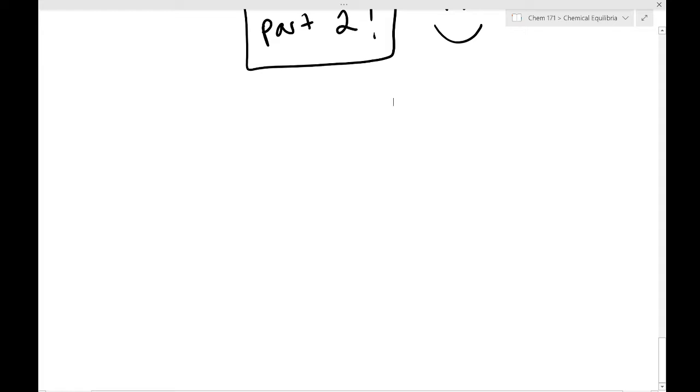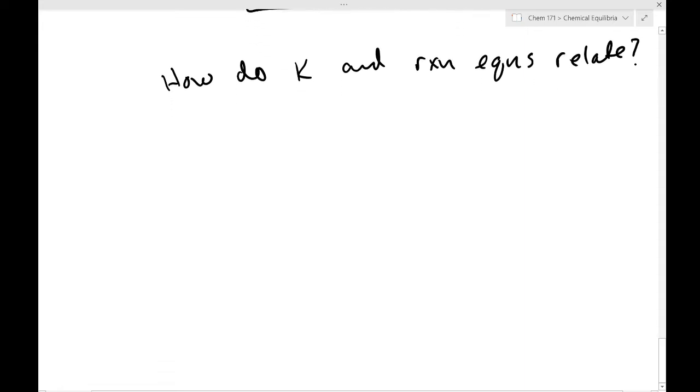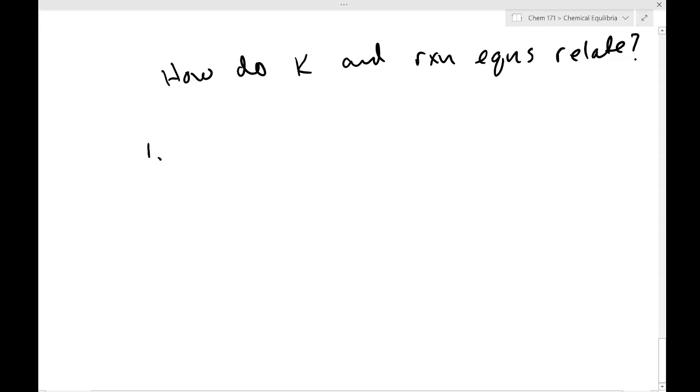Now I want to go into more detail on how K and the reaction equations relate to each other. For example, what happens when we reverse the equation?